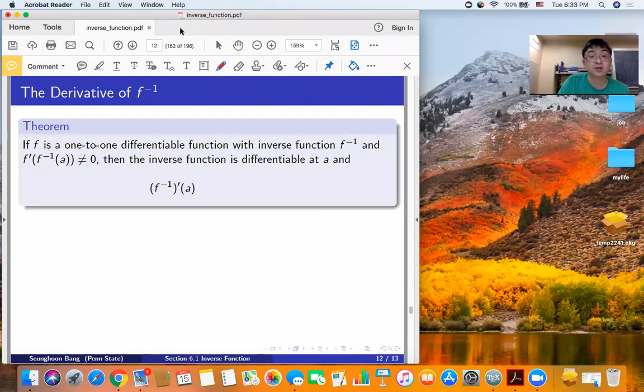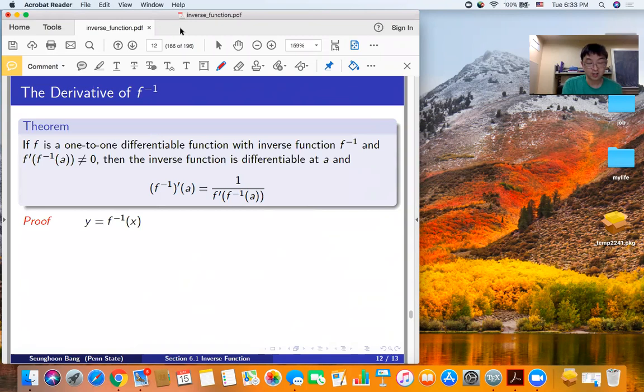We have this conclusion: the derivative of f inverse at a is the same as 1 over f prime of f inverse of a. How can you find this? The proof is not difficult.